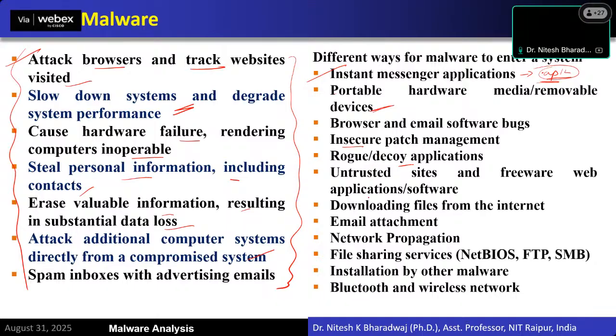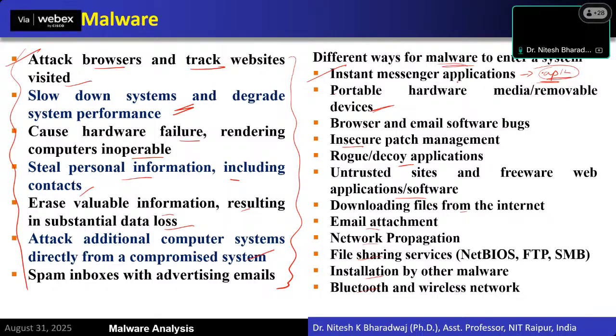Untrusted sites and freeware web applications, like we have many applications from where movies are being downloaded. Downloading files from the internet, email attachments, network propagation, file sharing services, installation by other malware, and Bluetooth and wireless networks. So these are the ways through which malware can enter.